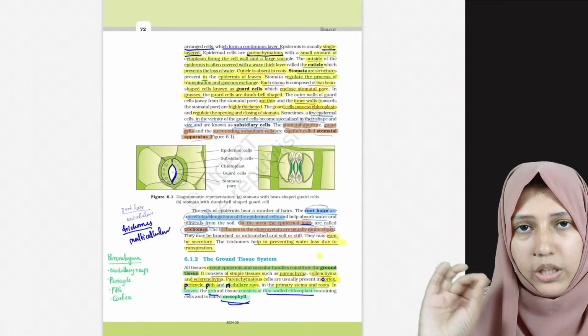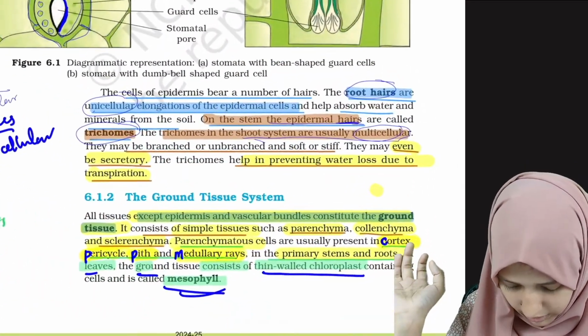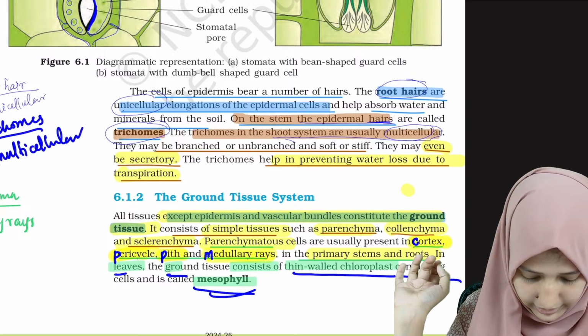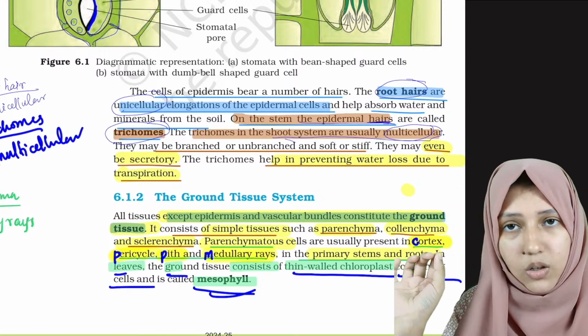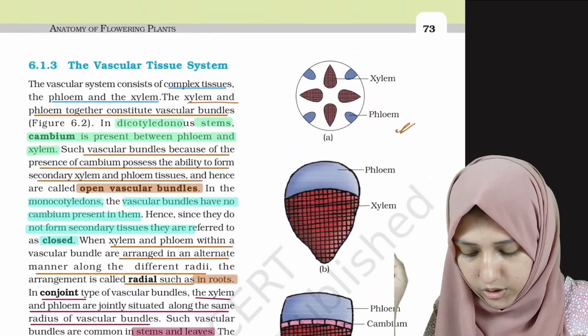Just remember the point. There is a structure known as mesophyll. What is mesophyll? They are the thin-walled chloroplast-containing cells present in the ground tissue.